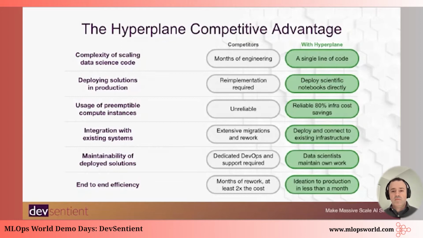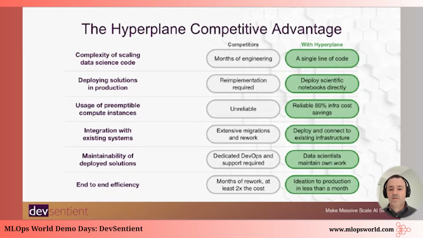We built this originally with significant consideration to cost savings on infrastructure. And so one of the things that Hyperplane does is it makes it reliable to use spot infrastructure or preemptible infrastructure, depending on your cloud provider, for a vast majority of data science and ETL jobs.